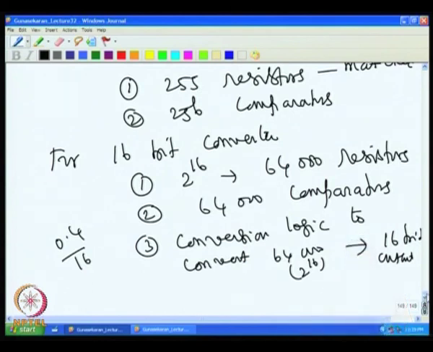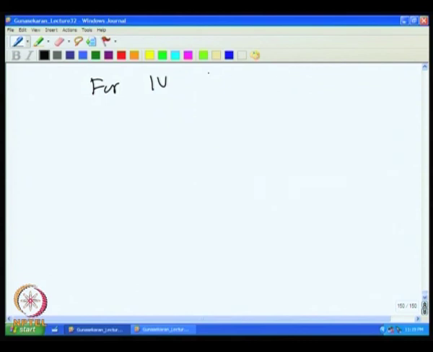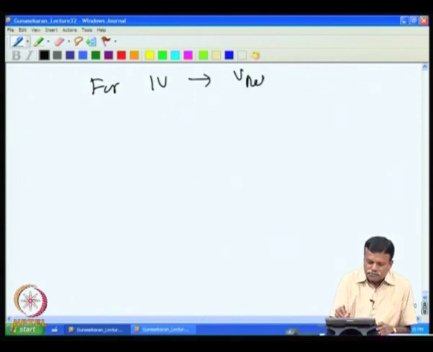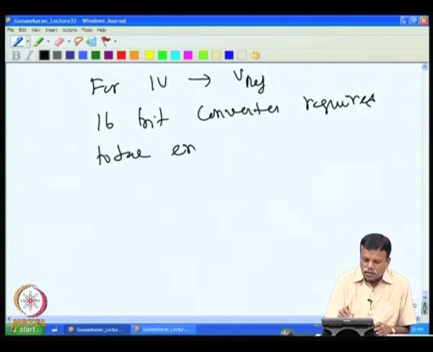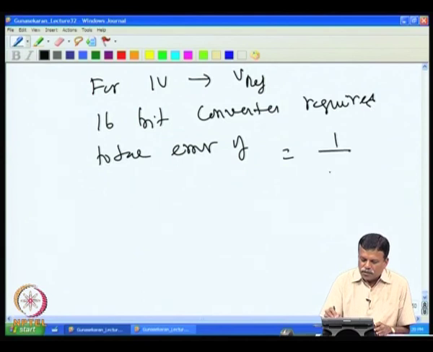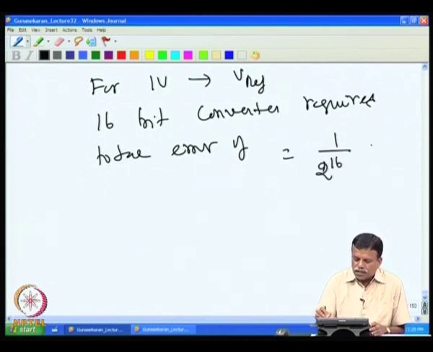If the reference voltage is 1 volt, a 16-bit converter requires a total error of 1 divided by 2 power 16, which roughly works out to be 16 microvolt.